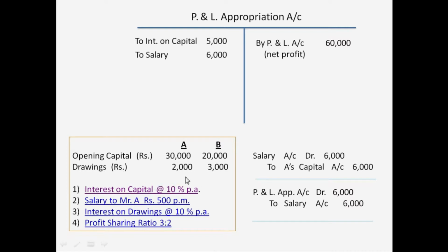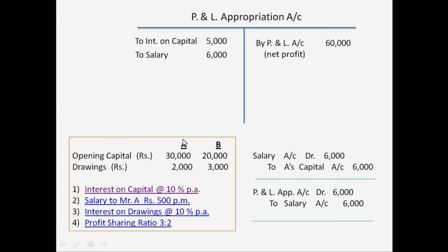So the same rule we have to follow here, as we don't know the date of drawings, we know only the amount of drawings. So A's drawings is 2,000 and at 10% it is 200, and 200 is the whole year's interest, and interest for the period of 6 months will be only 100. B's drawing is 3000 and at 10% it is 300, and 300 is the whole year's interest, and interest for the period of 6 months will be 150 rupees.